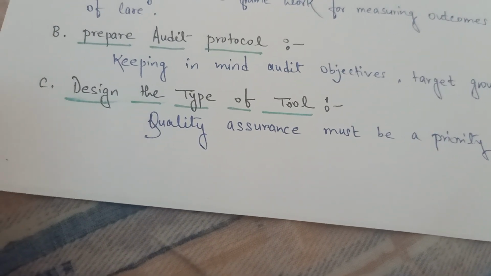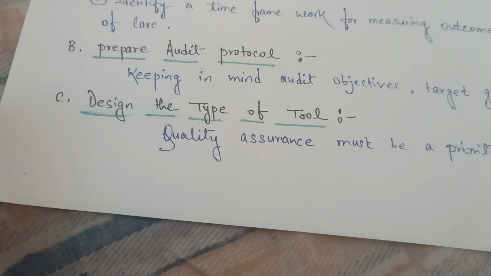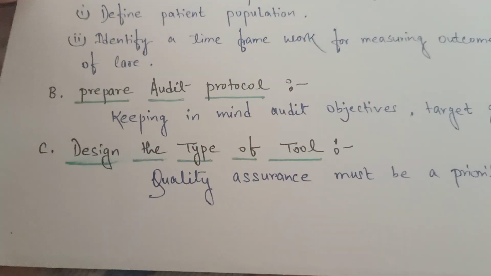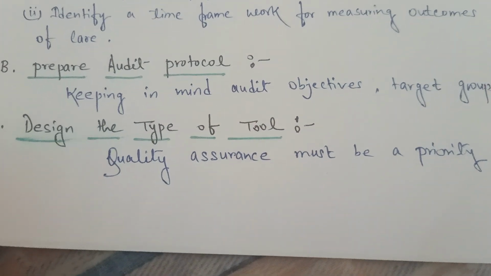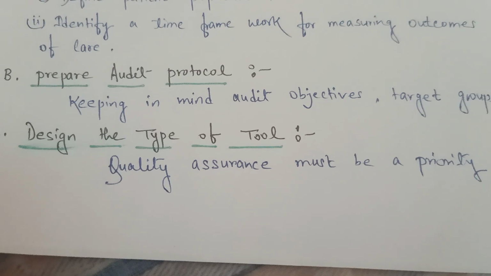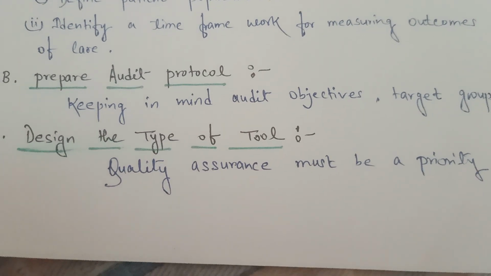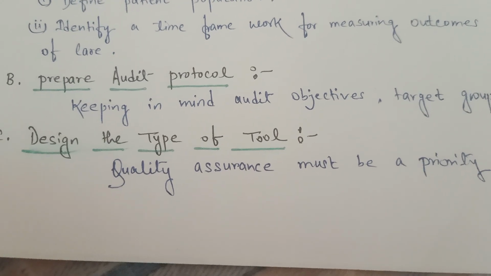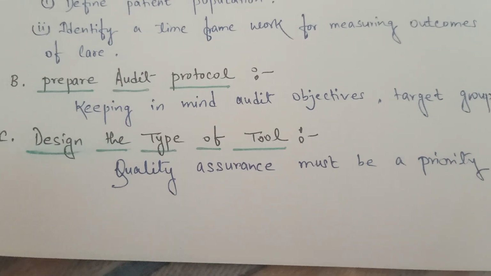So how to select the type of tool, the tool which we will use for nursing audit. That is also most important. Quality assurance must be a priority, because without quality, patient care will not come into existence.